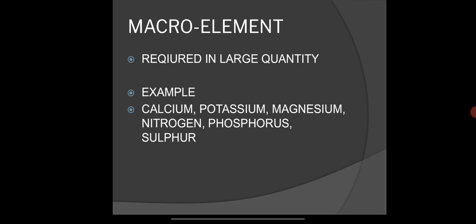Macro elements are required in larger quantity, meaning those elements which are required in larger quantity inside the plants are called macro elements. Examples of macro elements are calcium, potassium, magnesium, nitrogen, phosphorus, sulfur, etc.